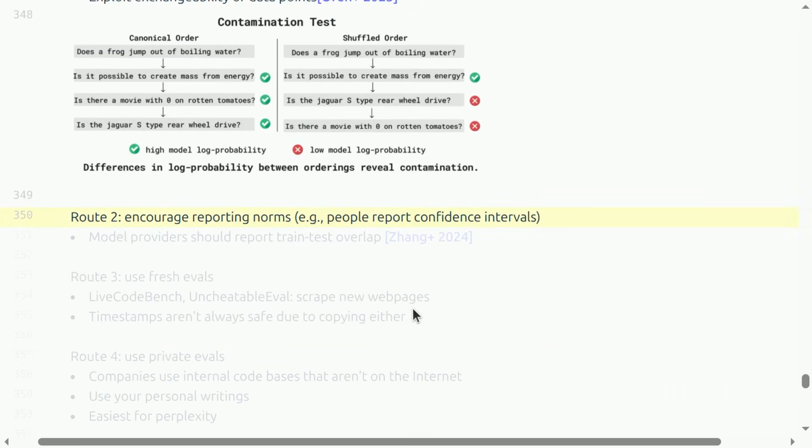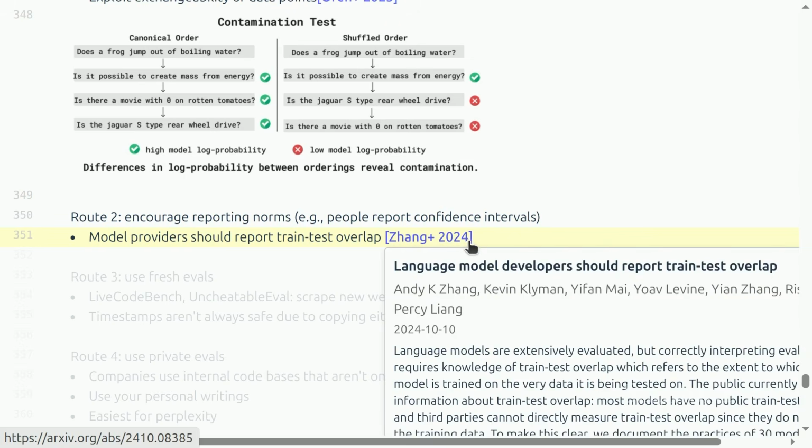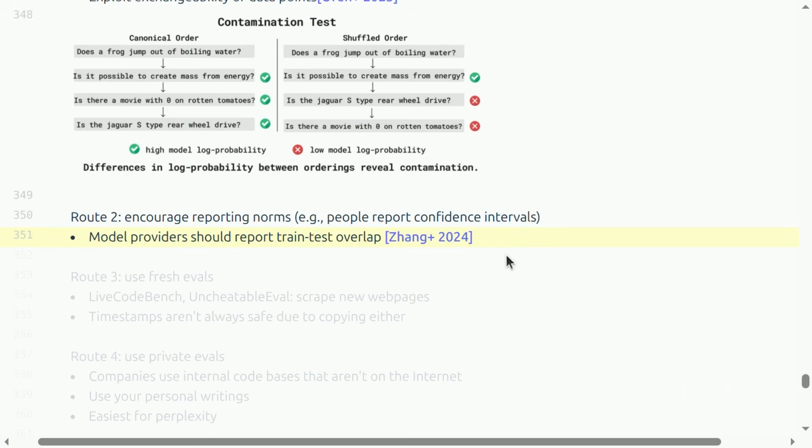Another route is that you can encourage people to report actual train-test overlap. So this has to do with norms, right? I think in general, maybe less in machine learning, but more in statistics, you always report confidence intervals, right?